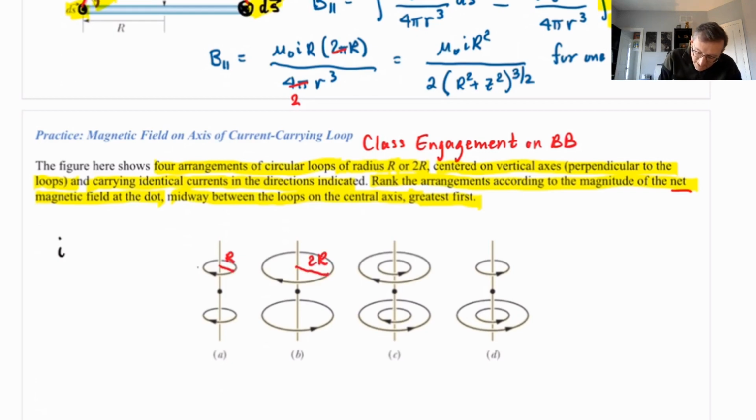And let's say the distance along the perpendicular axis from the center of each loop to the dot is big D. You'll need that to help you organize your thoughts, because you're going to have to take the result we just derived and figure out B net at that center point between them in each case. You've got to figure it out using the formula we just derived to find the B net, and then you can rank them biggest to smallest.